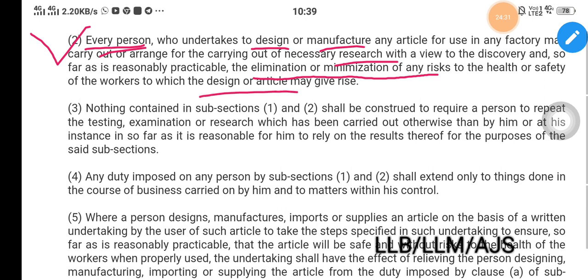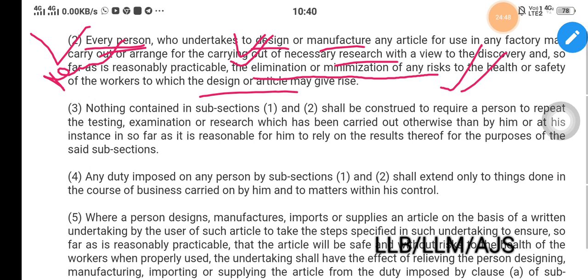So that means it is the obligation of the manufacturers or designers to do research and to eliminate and minimize any kind of risks as to the health and safety of the workers. Duty of the manufacturers and designers. Every person who undertakes to design and manufacture.